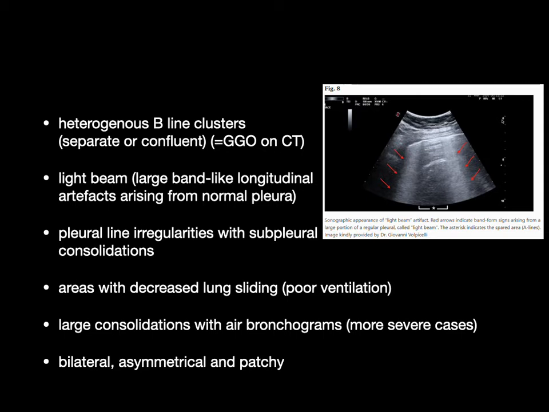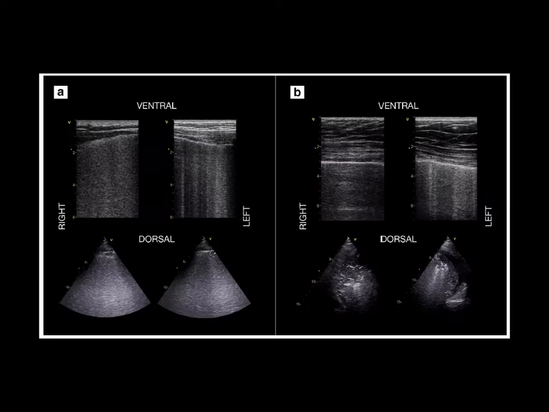Some parts of the lung appear normal, and then a centimeter from that you find these confluent B-lines, and then again a centimeter from that you find a bit of a consolidation, and the next part again can be normal. So it's very patchy in nature. These are from 2 different patients.